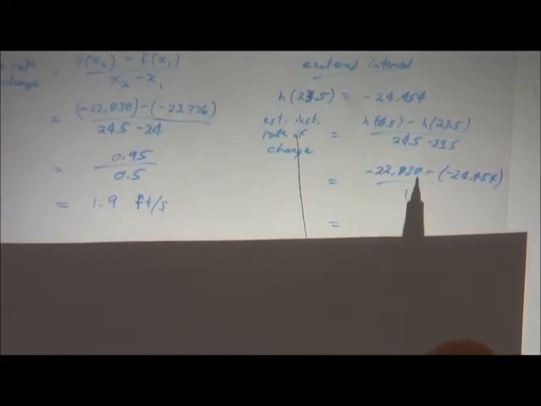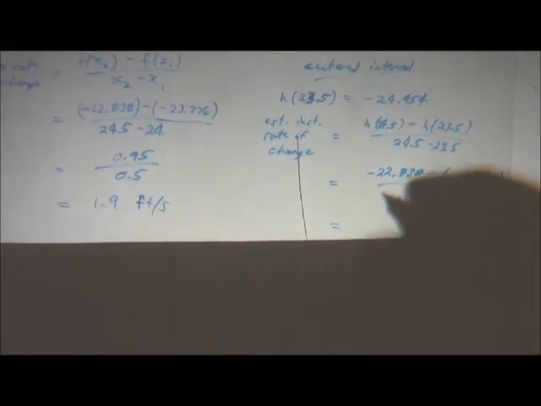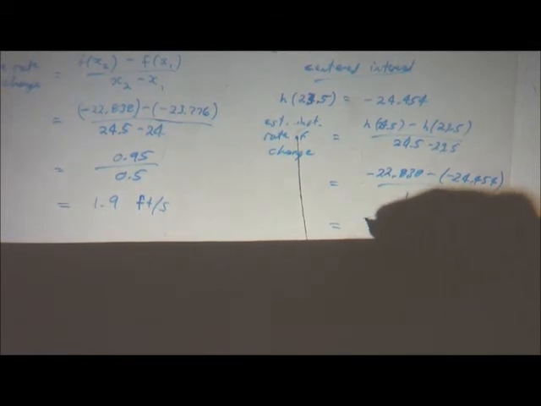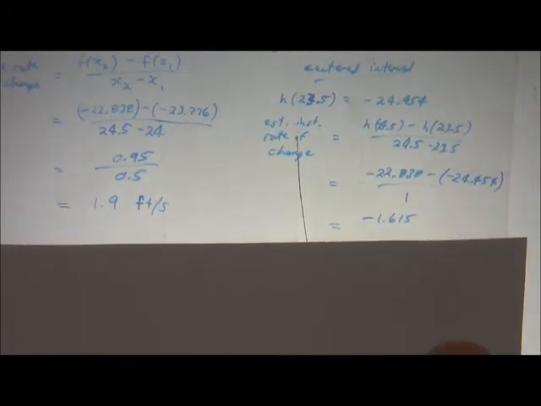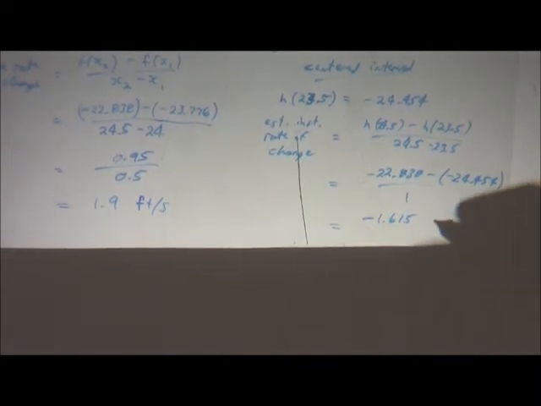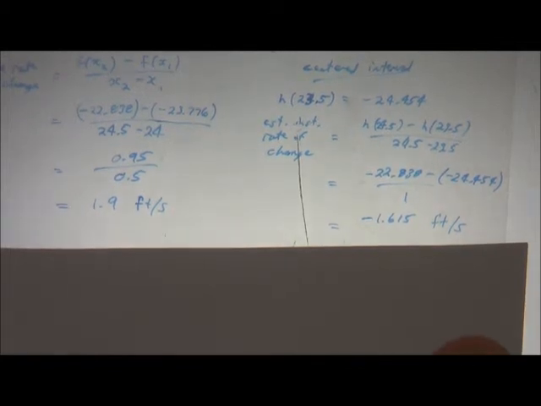What does this numerator simplify to, please? Flynn? Negative 1.615. Okay, and obviously divided by 1 is just that. Michael? 1.646.